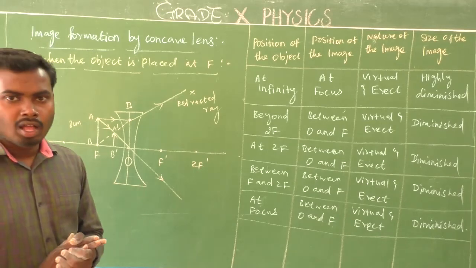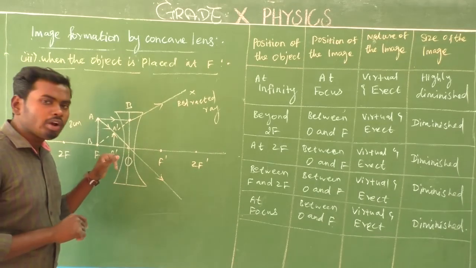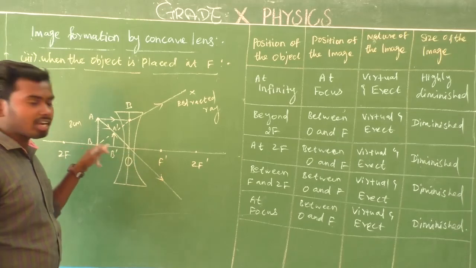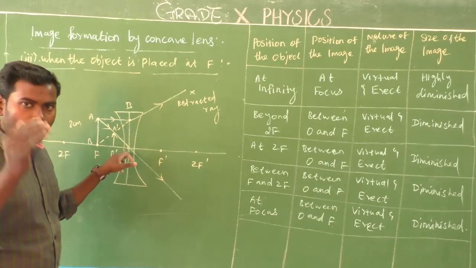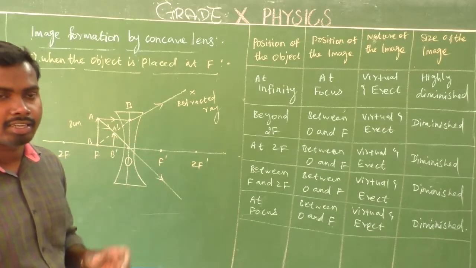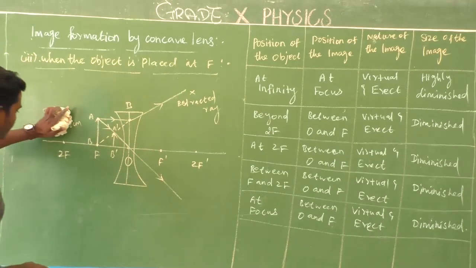And the sixth one, last one, where I am going to place the object. I am going to place the object between the optical center O and the focus F. That's all. Is it clear? Yes. Let's get started. Look at here what happens.